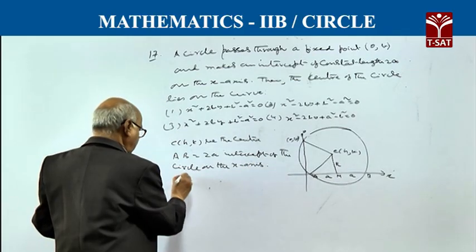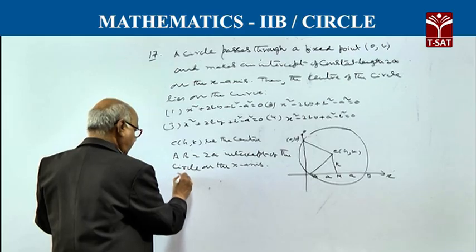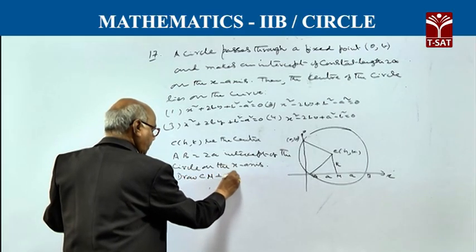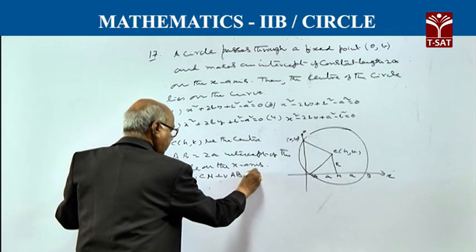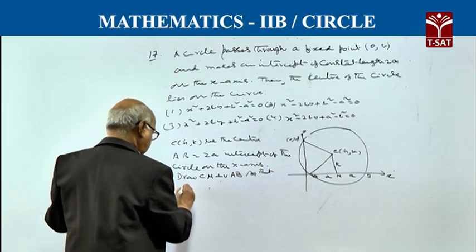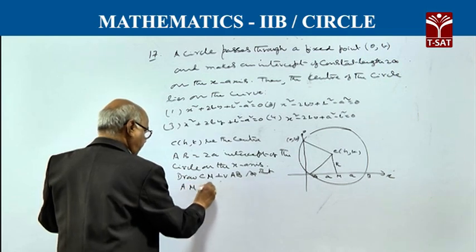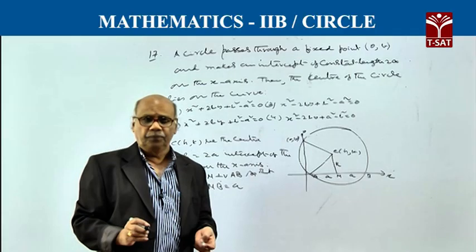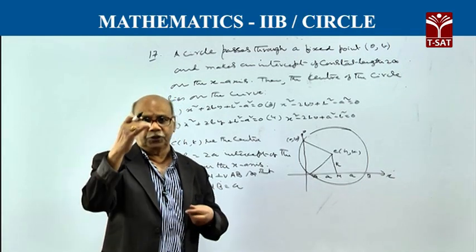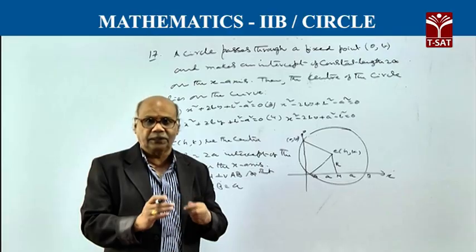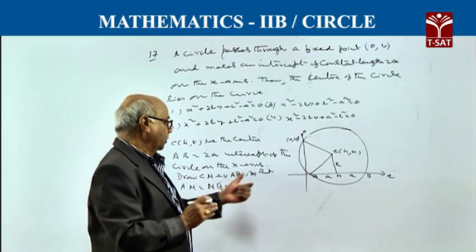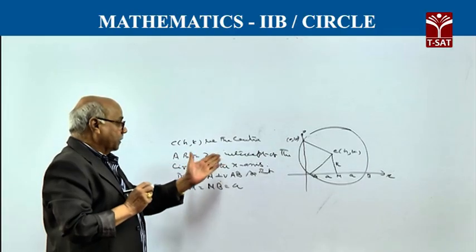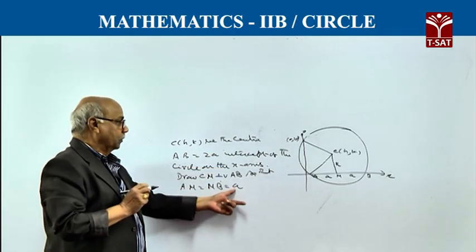Now, M is the foot; draw CM perpendicular to AB, so that AM is equal to MB, each is equal to a, because you know that the perpendicular drawn from the center of a circle on its chord always bisects the chord itself. So because M is the midpoint of AB, AM is equal to MB is equal to a.